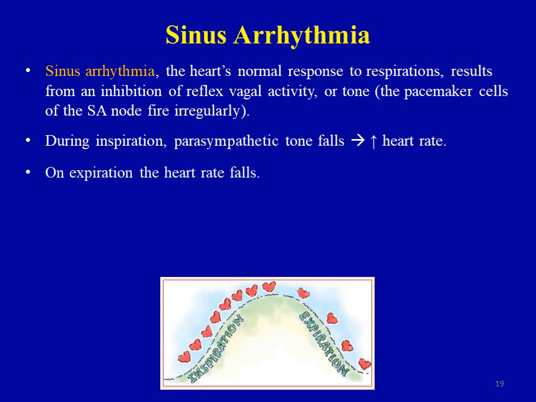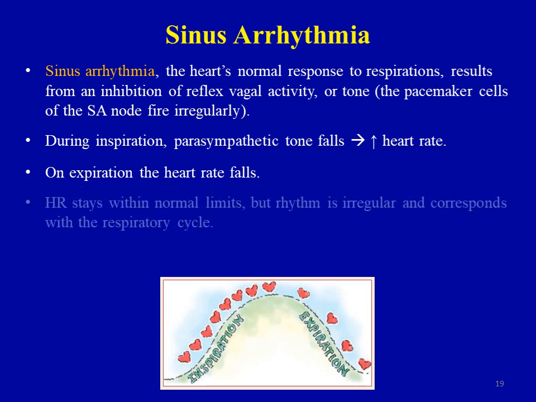While during expiration, the parasympathetic tone will increase, and this will lead to a decrease in the heart rate. So on expiration, the heart rate falls, and the heart rate in sinus arrhythmia stays within normal limits, but the rhythm is irregular and corresponds with the respiratory cycle, which means an increase in the heart rate during inspiration and a decrease during expiration.